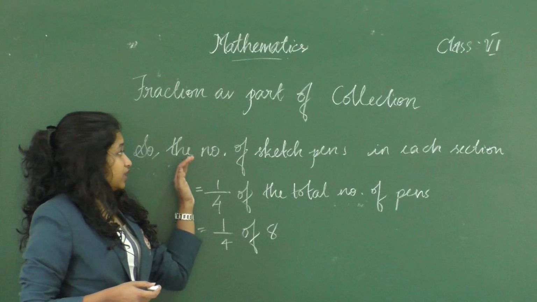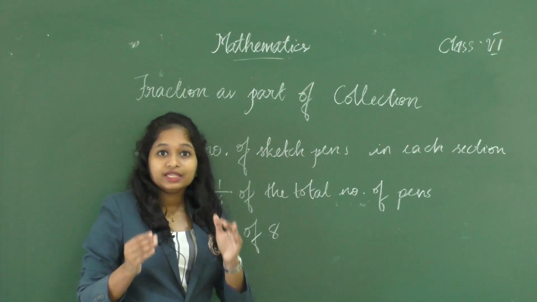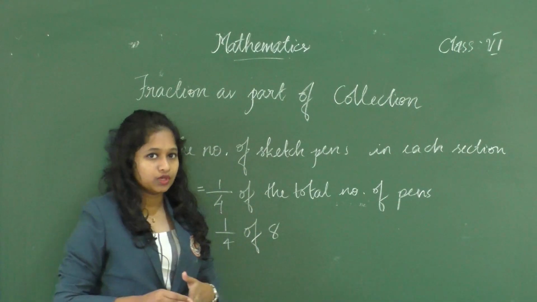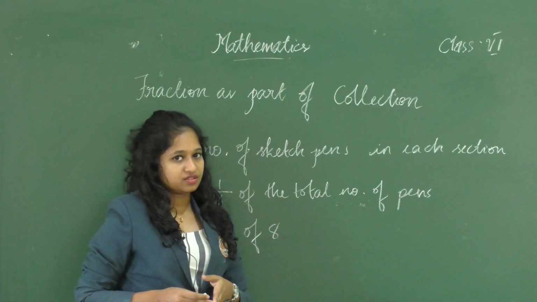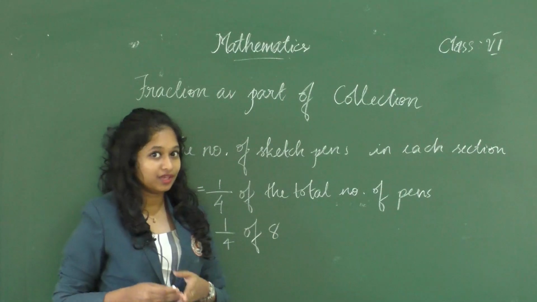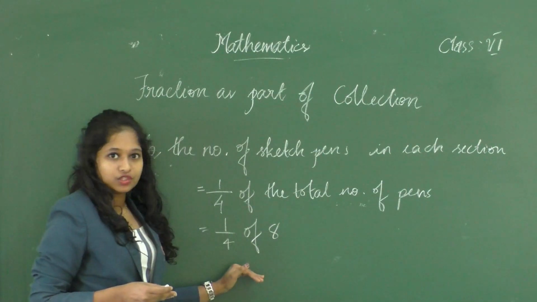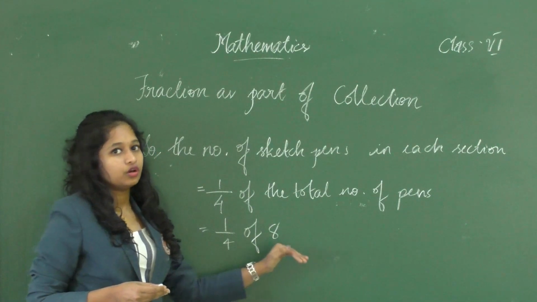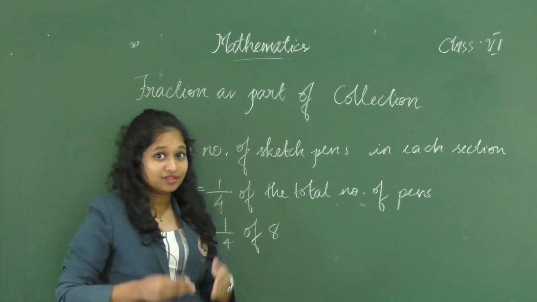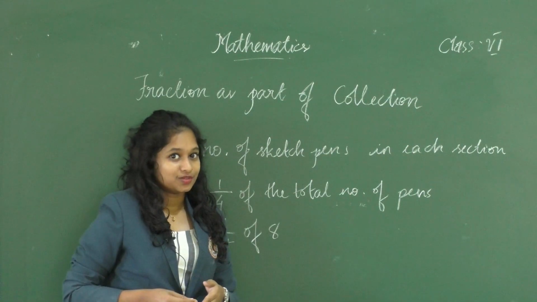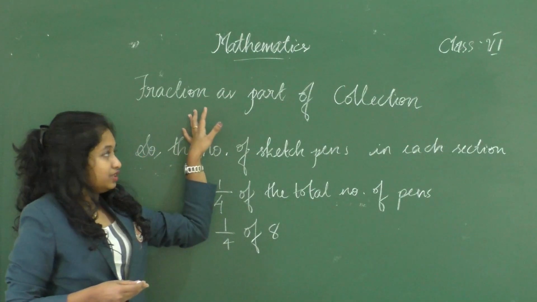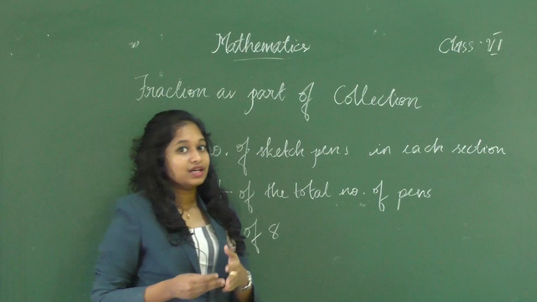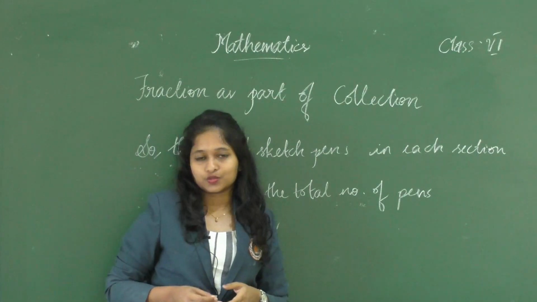So, the number of sketch pens in each section is equal to 1 by 4 of the total number of pens. How many pens were there? 8. So that is equal to 1 by 4 of 8. So by this, what we understood? We understood that fraction can be represented as a part of collection also.